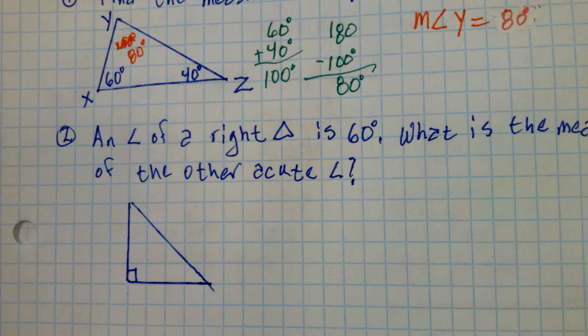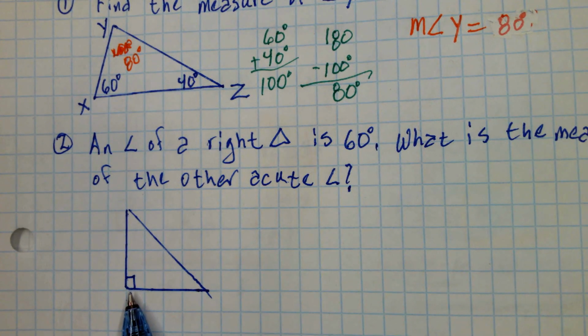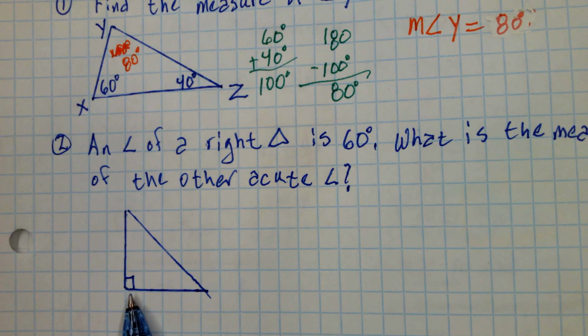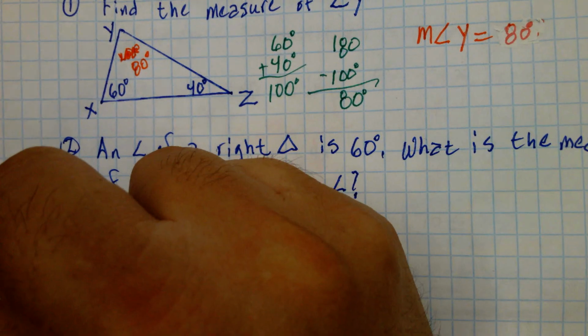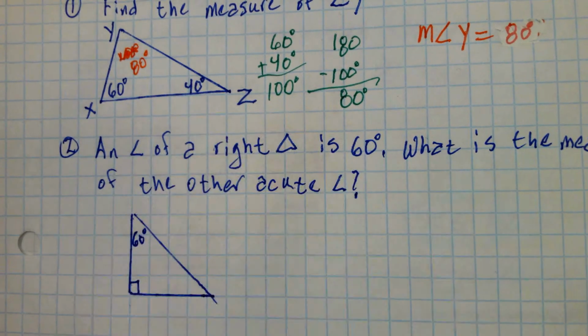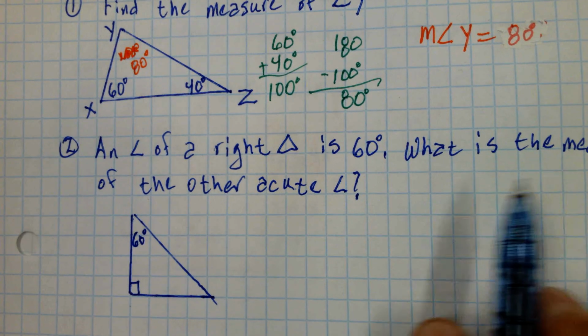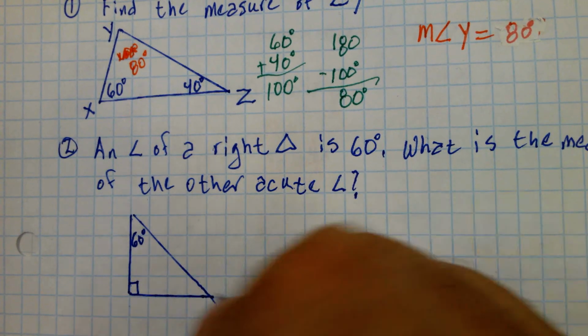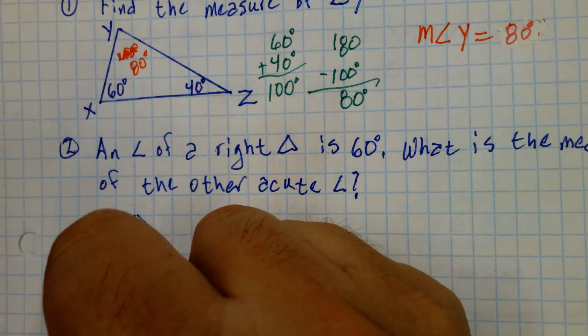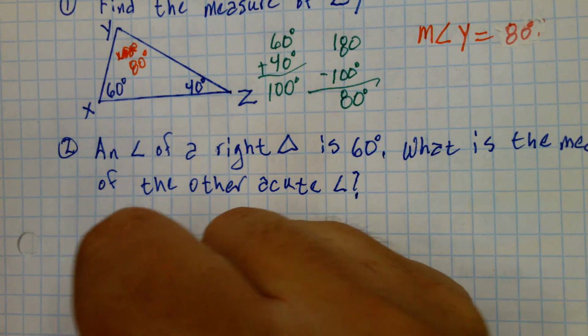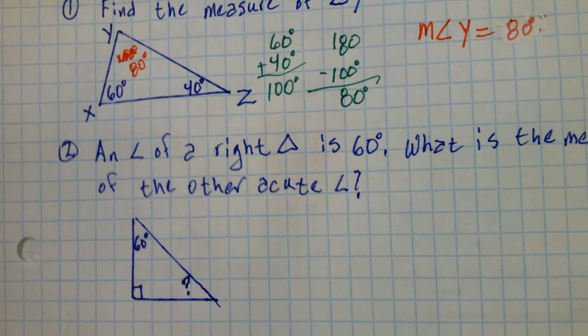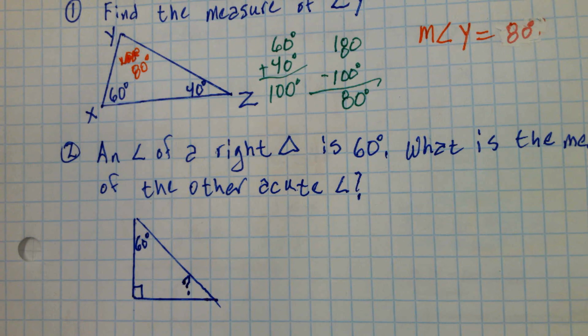Okay? So it says an angle of a right triangle, we have a right triangle, is 60 degrees. So one of our angles, let's say this one, let's say that's 60 degrees. And it says, what is the measure of the other acute angle? So that would be here. Question mark.